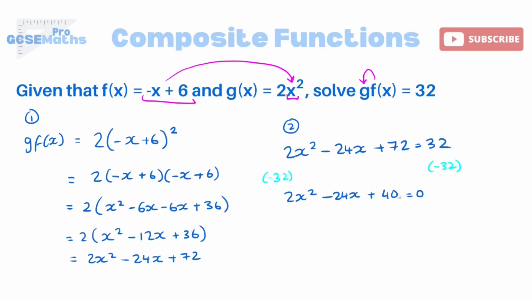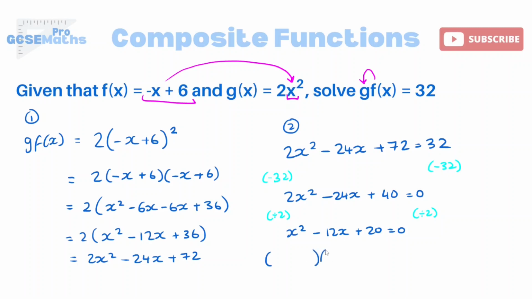Do you see how all of these three terms are divisible by 2? So I'm going to just divide everything by 2 because it's kind of like simplifying fractions. It's still the same fraction, I've just made it a smaller version, haven't I? I've got x squared minus 12x plus 20 equals 0. Now that's just easier to factorize because I don't have a number in front of the x squared.